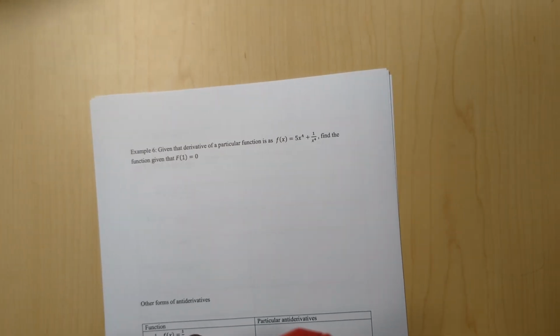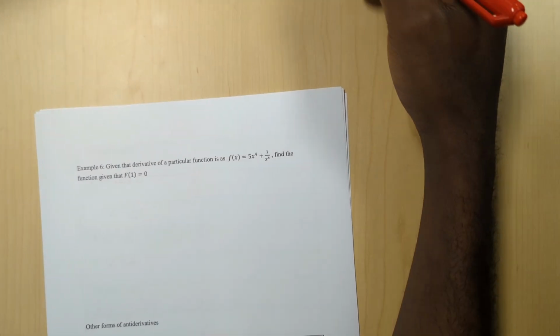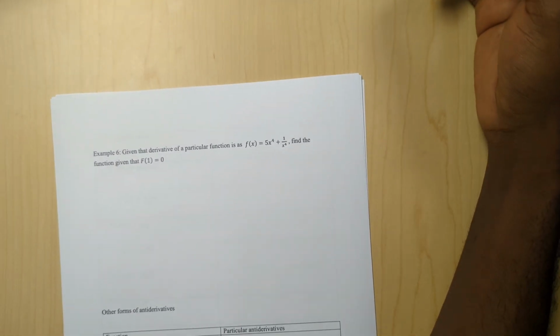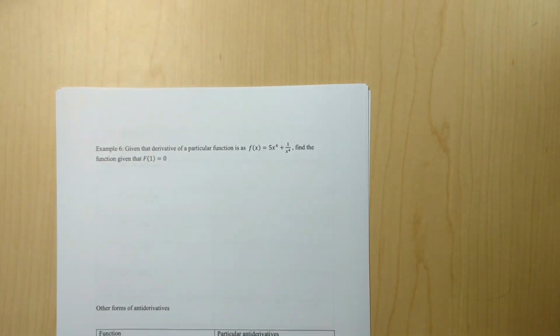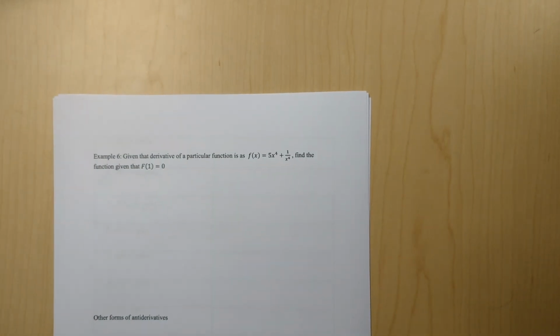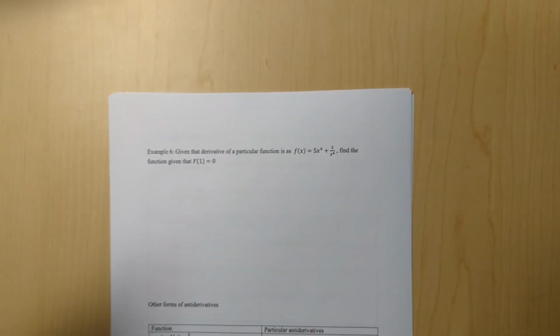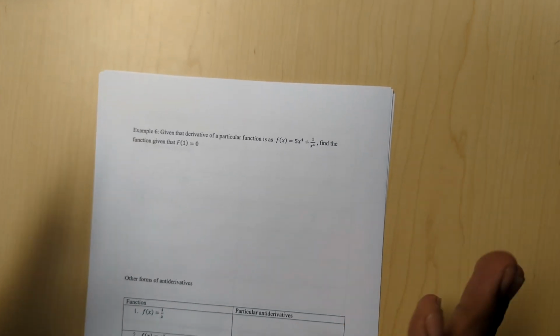Then we can conclude that this is the function whose second derivative is written as this. So if a particular value of a function is given to us, we can find a particular function whose derivative is given. So instead of having the constant c, we'll have that particular value.